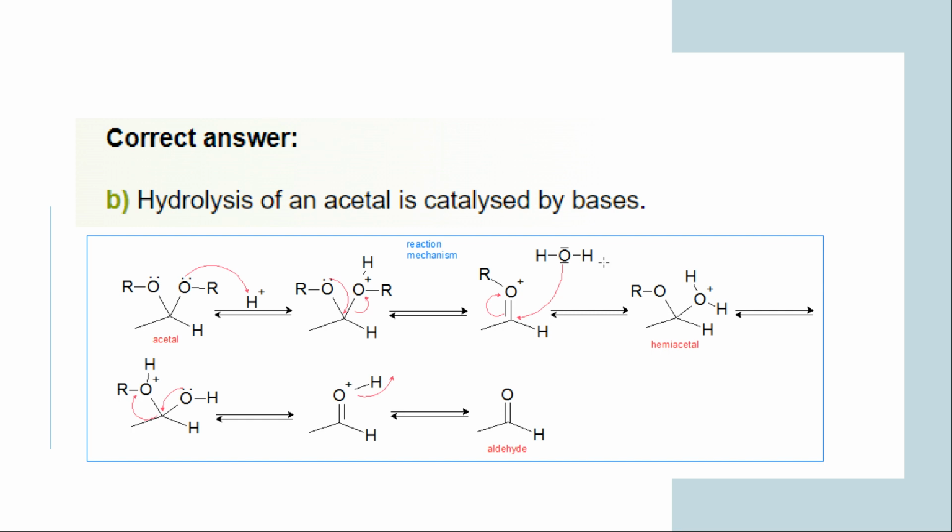Water in the reaction medium will attack at this carbonyl carbon, leading to the formation of this intermediate product. And ultimately, by hydrolysis of this hemiacetal, you will get the elimination of the alcohol which was incoming during the formation of acetal.